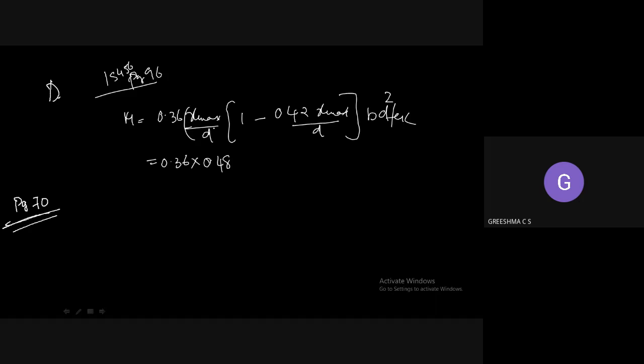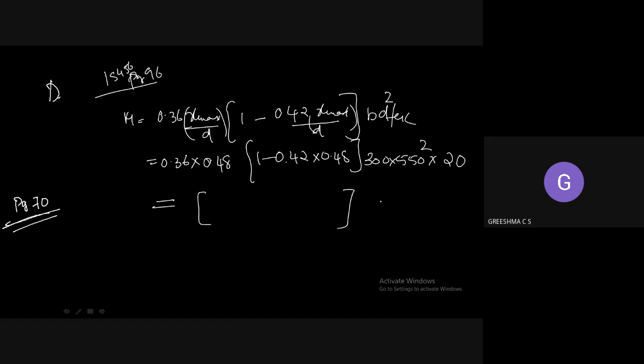So this is one term. 1 minus 0.42 into again 0.48. This is one term. Then b is 300, so 300 into 550 squared into 20. Tell me the moment of resistance now. You will be getting the moment of resistance in Newton mm.